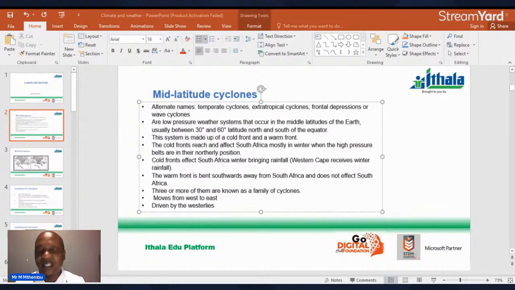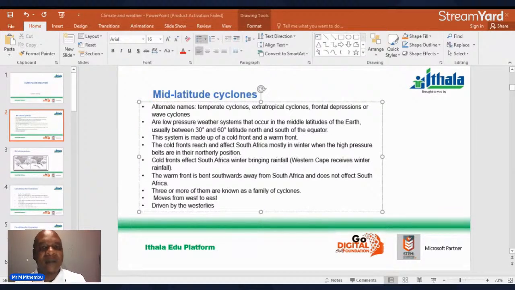When you see social in this grade 12 exam, it has to do with people. So when you are writing a paragraph, please make sure the points you write revolve around people, people's lives. You must be able to distinguish social impacts from economic impacts and from environmental impacts. It's very, very important.